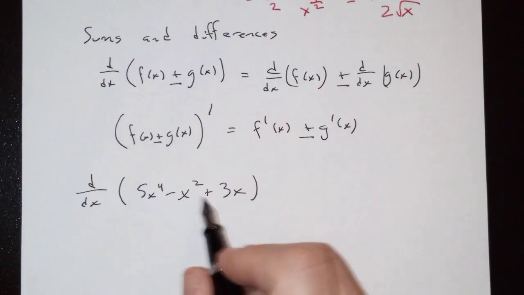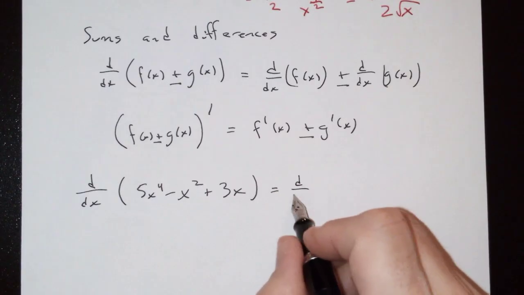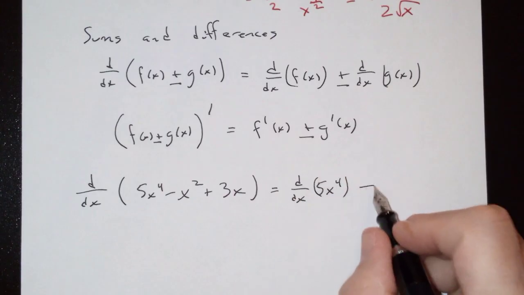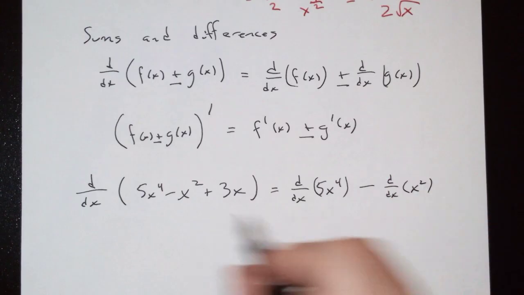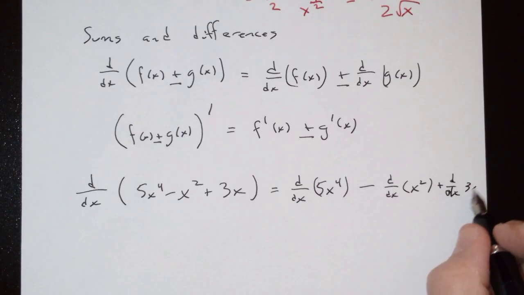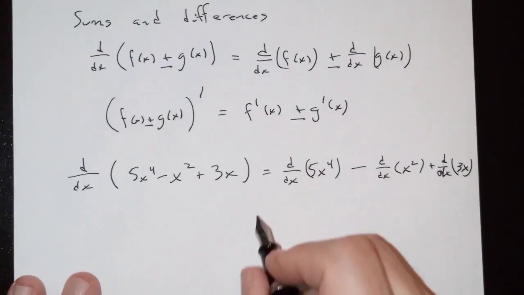I'm subtracting, so I'm going to do the derivative of the first part, and then the derivative of the second part. Since I'm adding the third, I'll do the derivative of that separately. And now I've got a constant here, so I should pull that out.